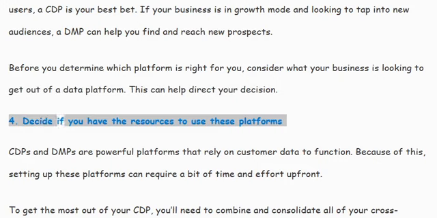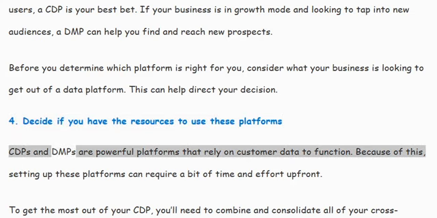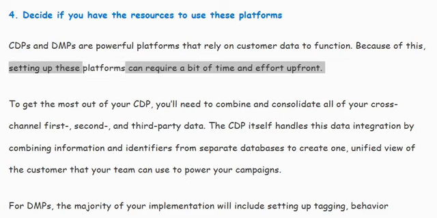4. Decide if you have the resources to use these platforms. CDPs and DMPs are powerful platforms that rely on customer data to function. Because of this, setting up these platforms can require a bit of time and effort upfront.